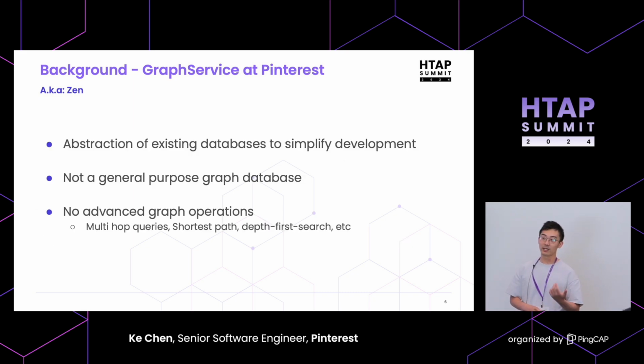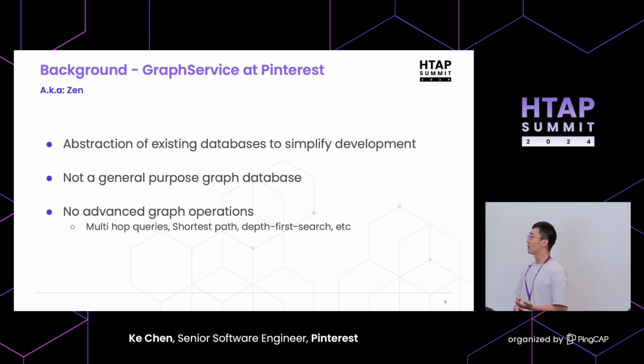Similar to Facebook Tao, it's worth mentioning that Zen is not a general graph database. The purpose of building Zen is more about providing an abstraction over our existing databases like HBase and MySQL, so that we can simplify development for product engineers.